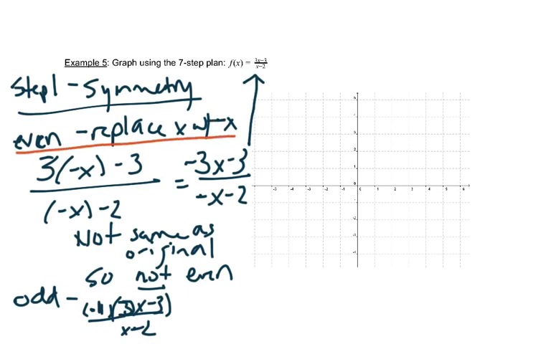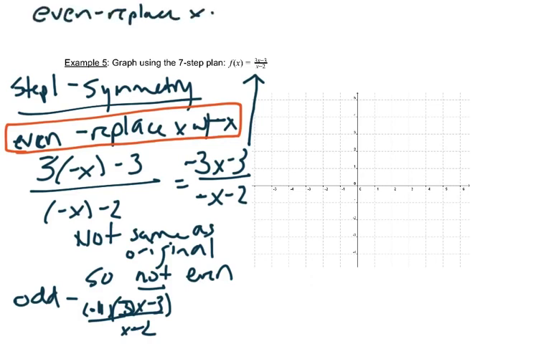So for even, we replace x with negative x. Maybe I should write it up here. Replace x with negative x and compare to the original.